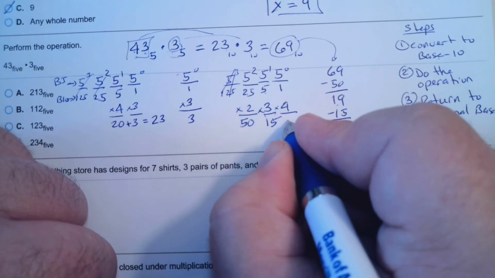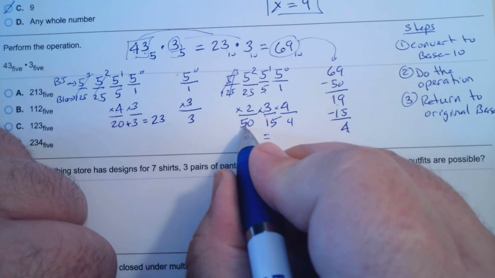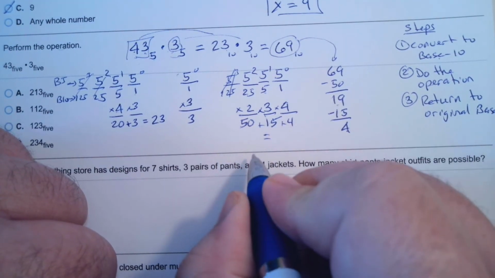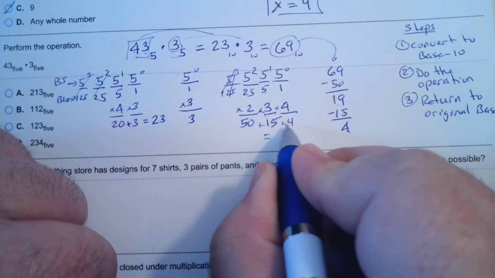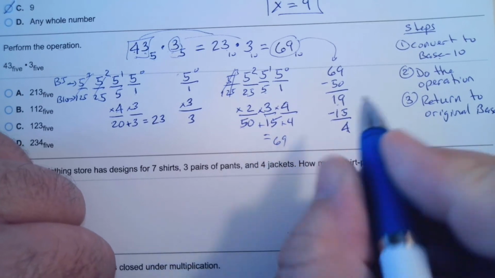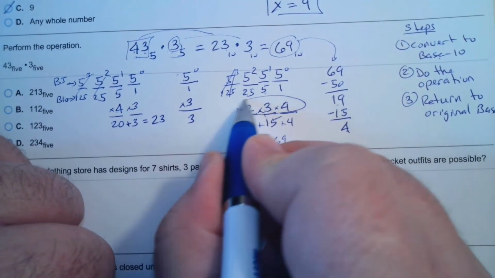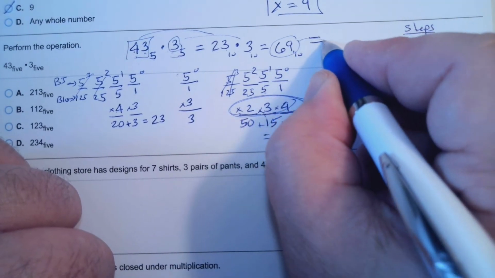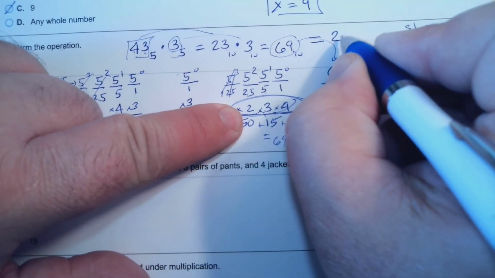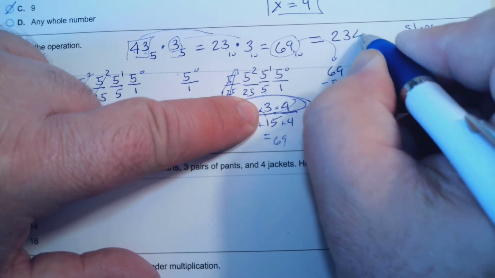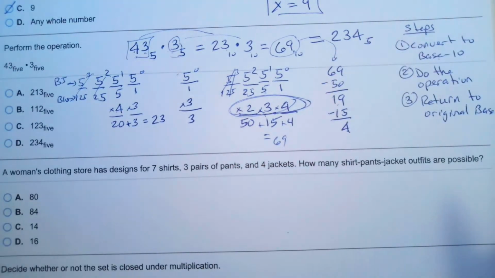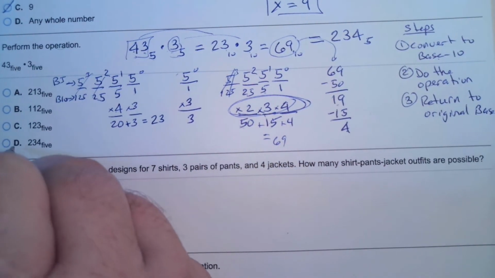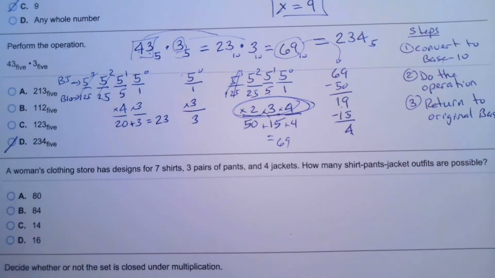So it's 4 times 1 is 4. If we add these up together, 50 plus 15 is 65, plus 4 is 69. So 69 is 2, 3, 4 in base 5. So our answer is 2, 3, 4.